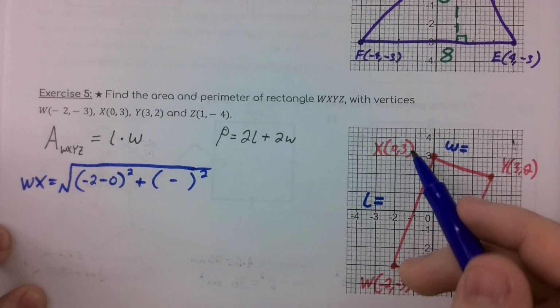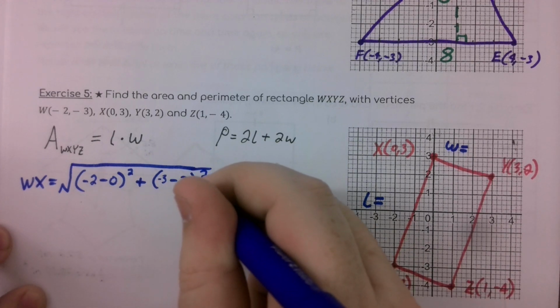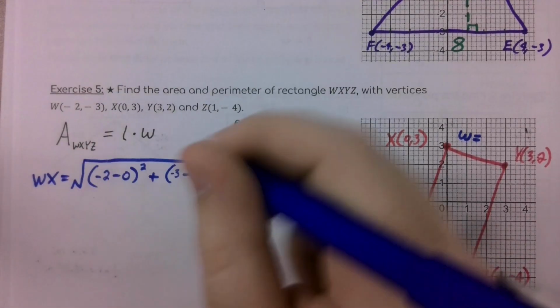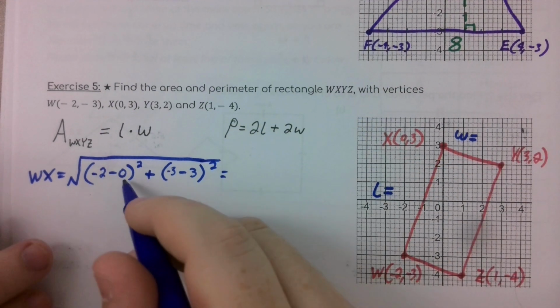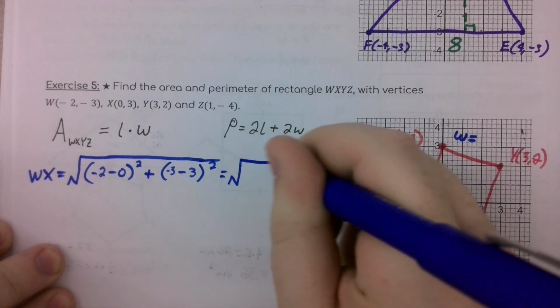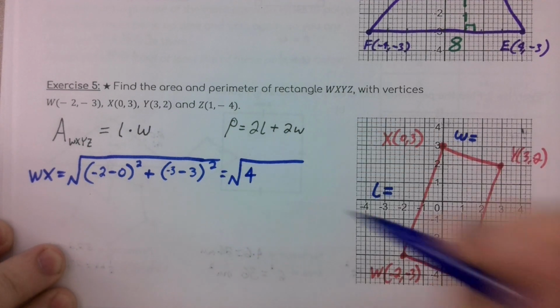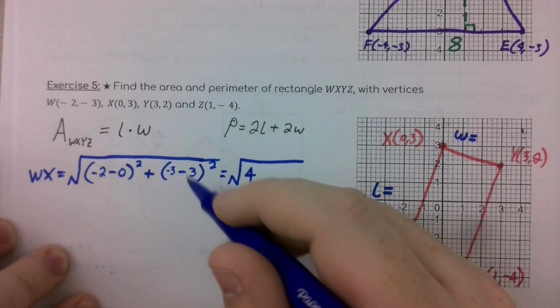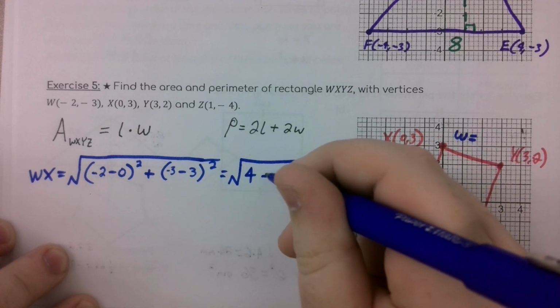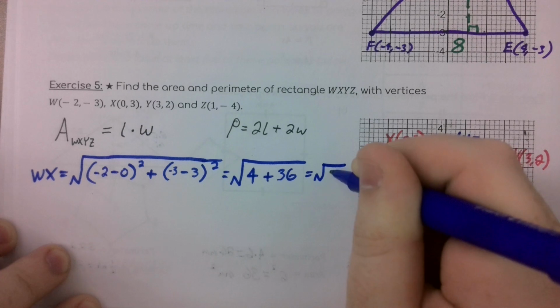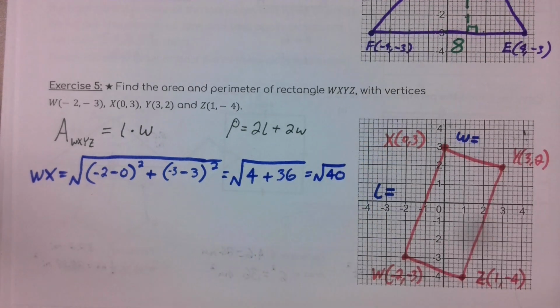That'll be -3 minus 3 squared. When we start simplifying this down, -2 minus 0 is -2. -2 squared is 4. -3 minus 3 is -6. -6 squared is 36. So we get the square root of 40 for our length.